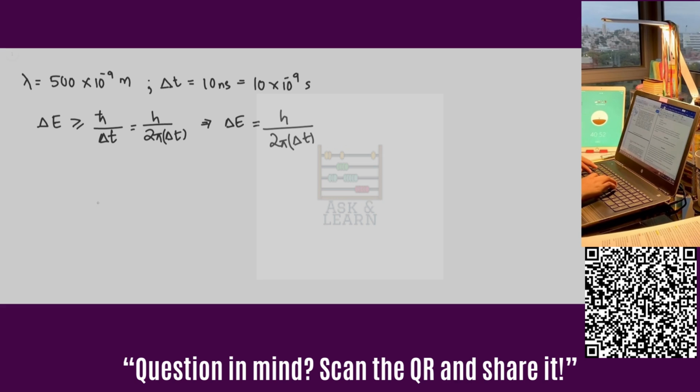Now we find the energy using equation 27.4. So this gives energy is equal to h times the frequency of the photon, and frequency is c over lambda.